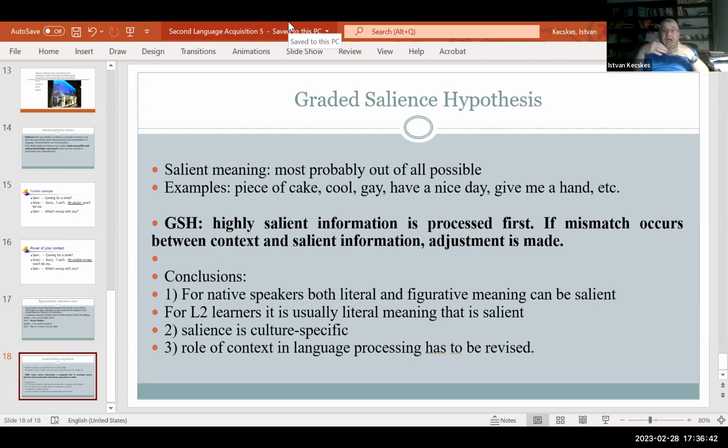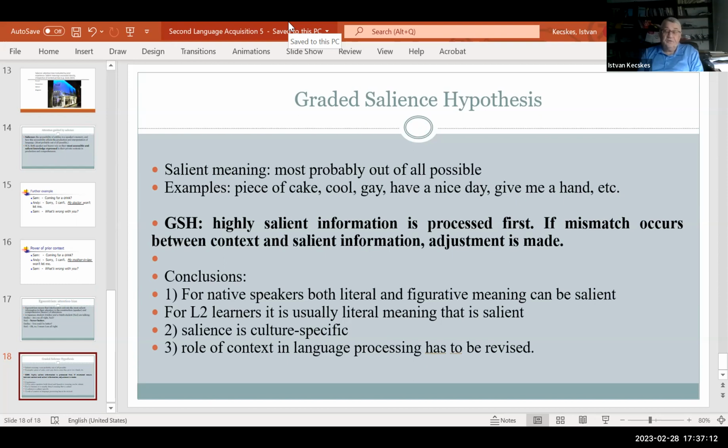So this is where the second language comes in. If you read the article, you know that there are three major conclusions. For native speakers, both literal and figurative meaning can be salient. But for the second language, it is usually the literal meaning that is salient, and that comes to your mind first, no matter how proficient you are in that language.